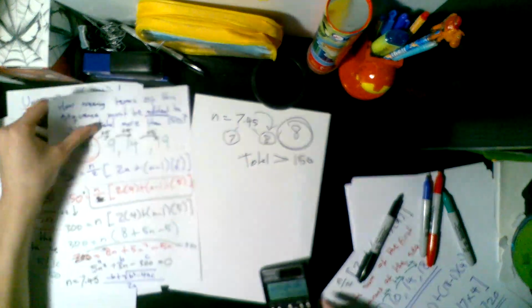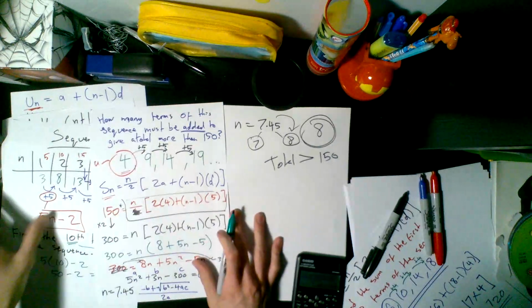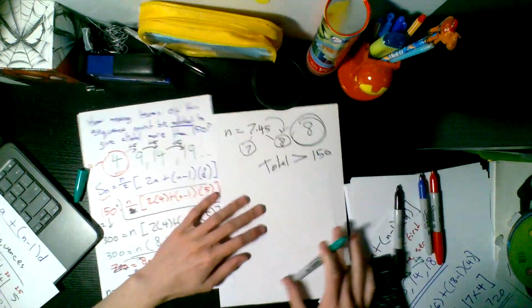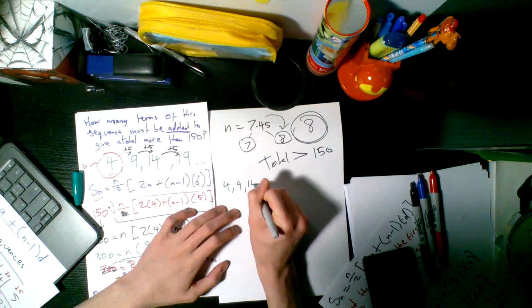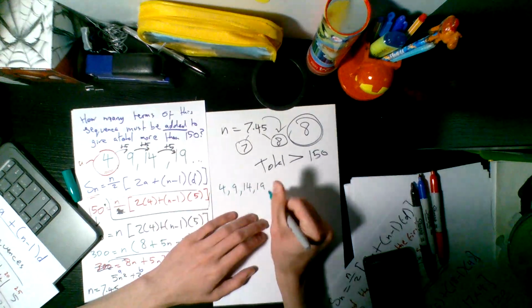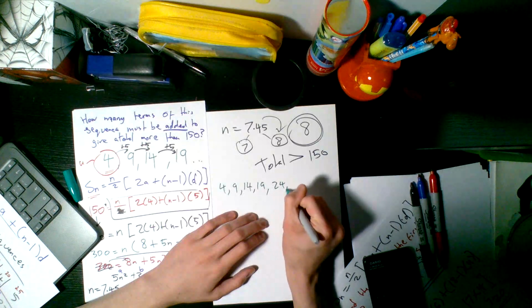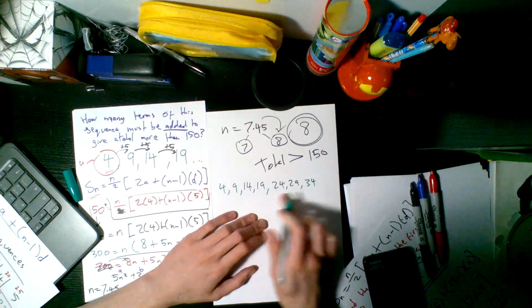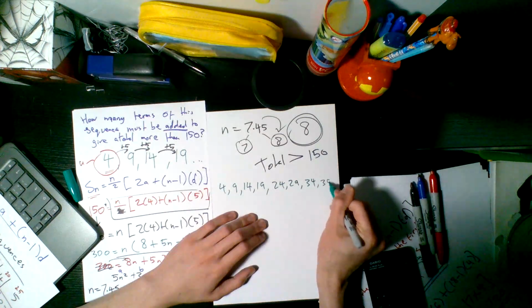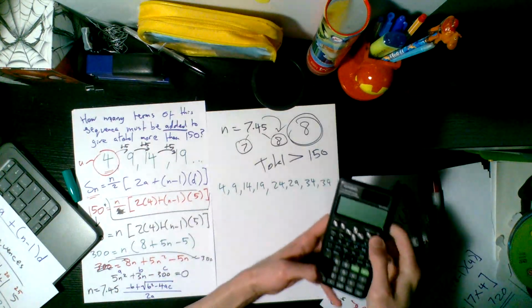What are the first 8 terms of the sequence? Let's say it's 4, then 9, then 14, 19. The next is going to be 24, 29, 34. Now we have 7 terms, and then 39.